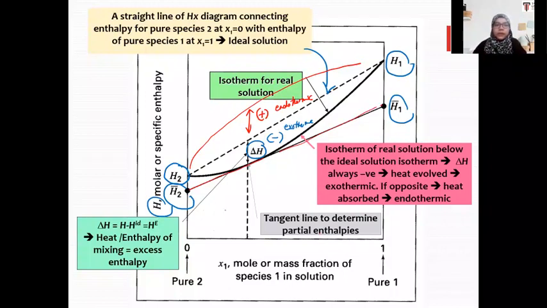We can obtain the partial enthalpy by drawing a tangent line from the actual data of enthalpy for components 1 and 2. Thus, the delta enthalpy is represented by the real minus the ideal solution enthalpy. It gives us the excess energy, the heat of mixing, equal to the excess energy.